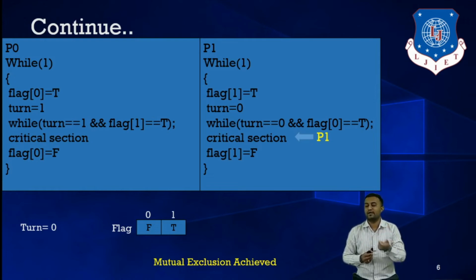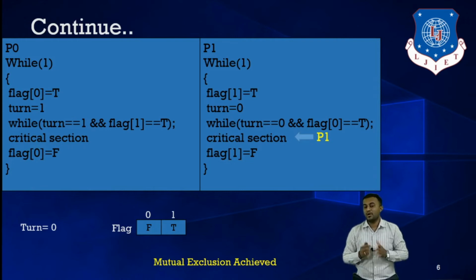True and false is nothing but false. So now P1 can enter into the critical section. Because the condition holds false, we need to come out from the loop. So now P1 is using the critical section. In this way we can say that yes, the mutual exclusion property is achieved.